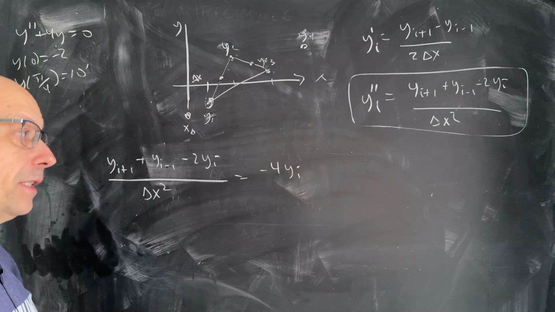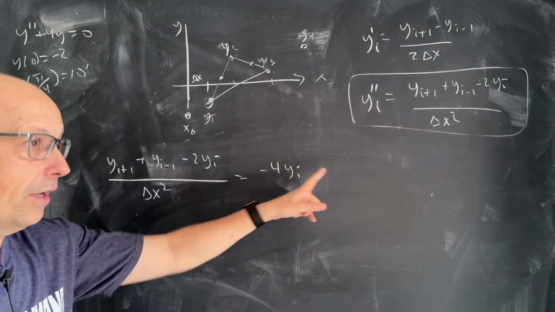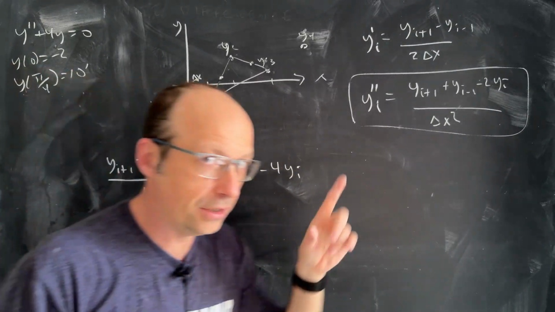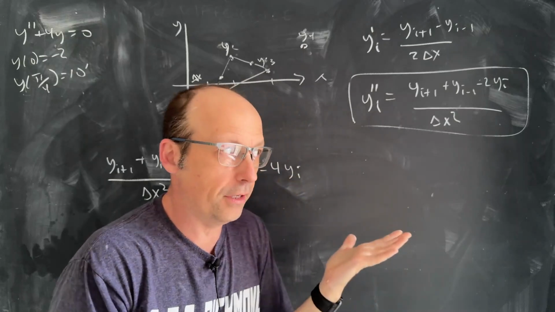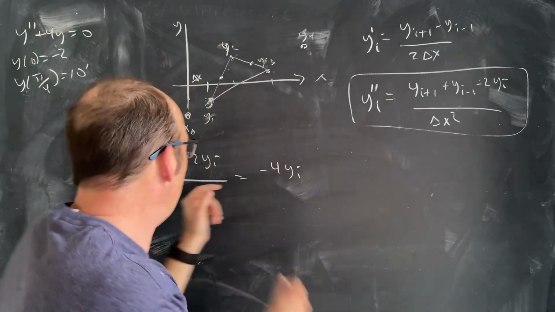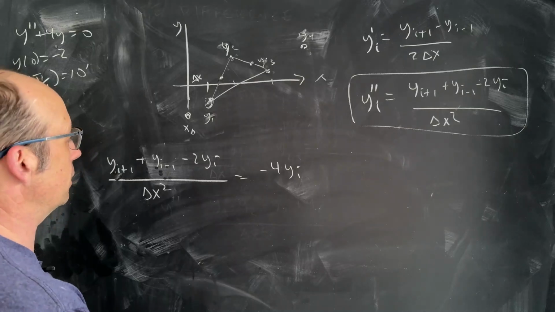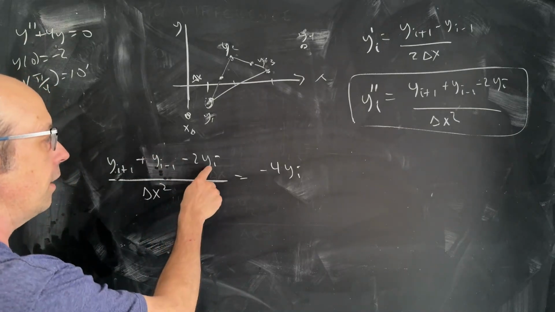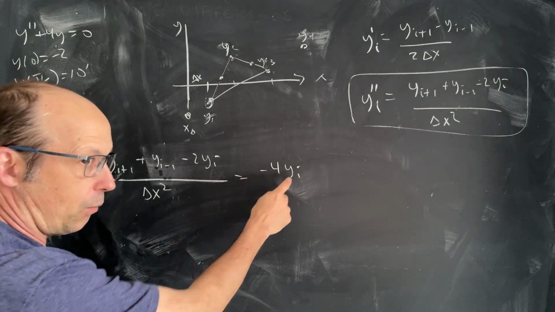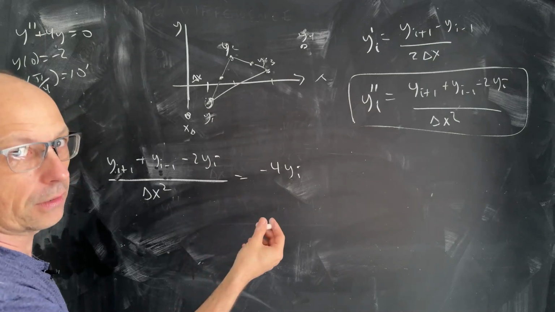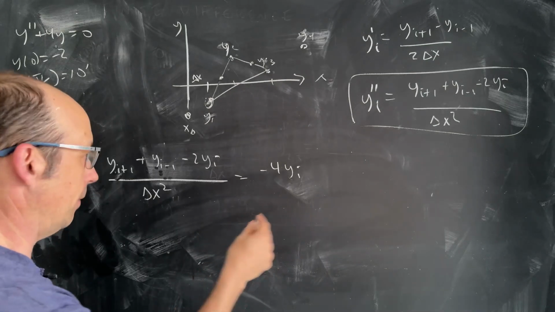And this tells me something. It tells me I now have a differential equation, but it's using just values. I don't have to worry about the differentials, right? Because that's taken into account by looking at these before and after things. It's kind of crazy that this works, but it does. Let's solve this for this yi, but not that yi, because we're going to use them differently, which is weird. Okay, but that's what we're going to do.